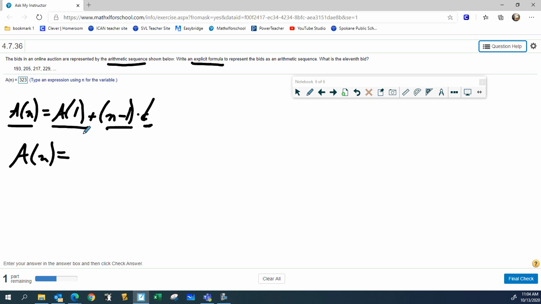So the value of my first term right here is going to be 193. In the equation, I keep the n minus 1 there because when I substitute in for n, if I'm trying to find the value of a specific term n, I'm also going to plug the n in right there. And then I need to multiply that by my d value, which is the difference.